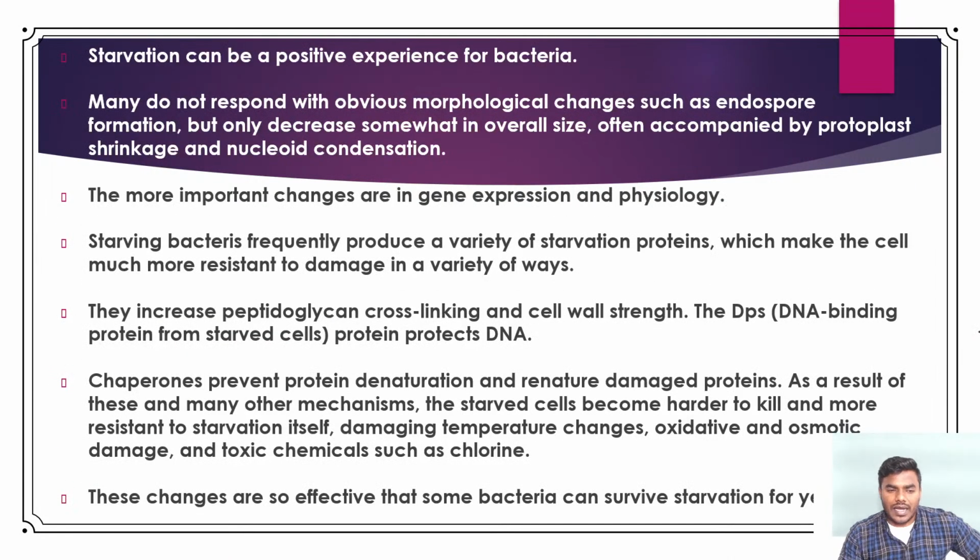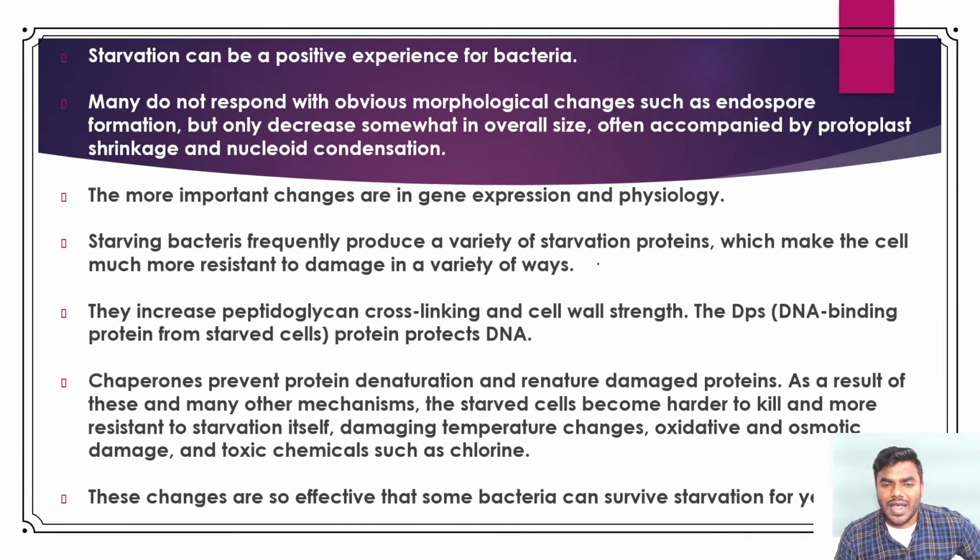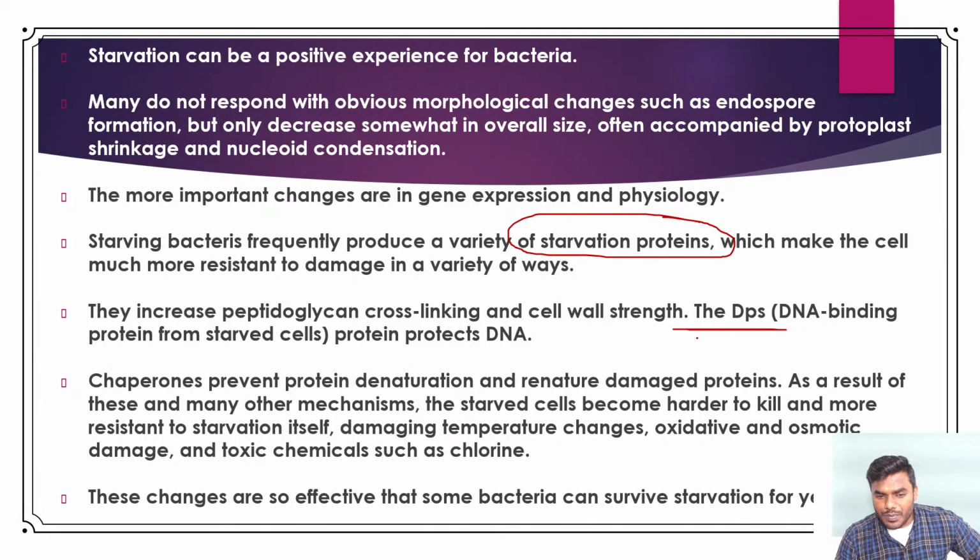And friends, I requested all of you to remember the most important events that happen in the stationary phase. If everyone quickly recalls, in the starvation phase, what did I tell you? The bacteria synthesize the starvation proteins, and the bacteria synthesize DPS.